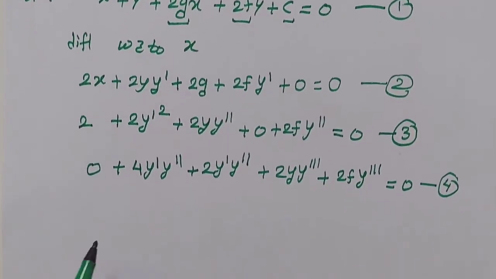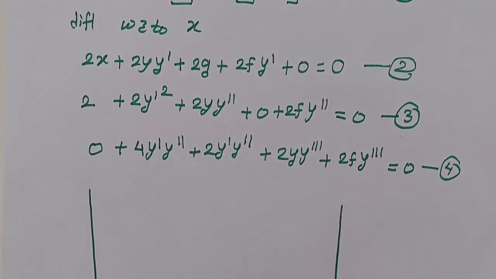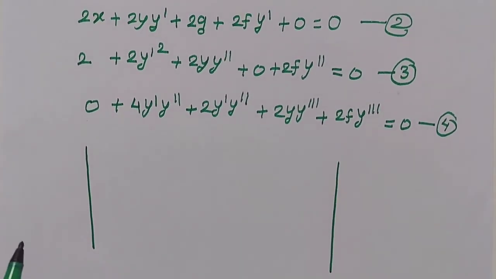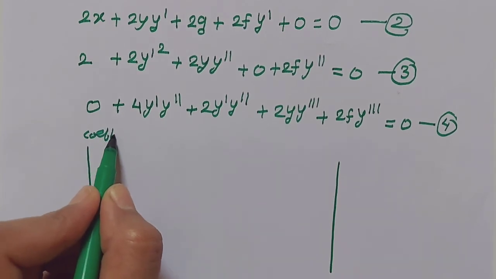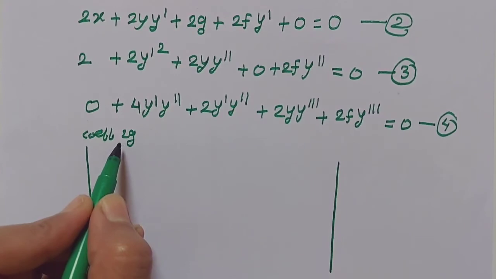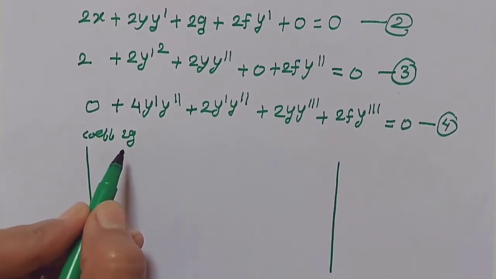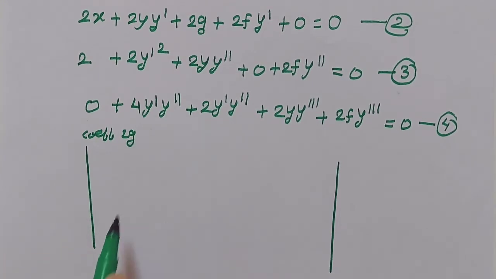So our second method says that we have to take a determinant, and we know how to find the determinant. In this determinant, in the first column we write the coefficient of 2g, because we have to eliminate the constant g, and 2g is again a constant, so we are eliminating the 2g constant. For that we take the coefficient of 2g in the first column.